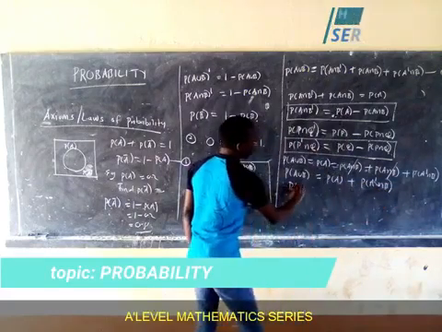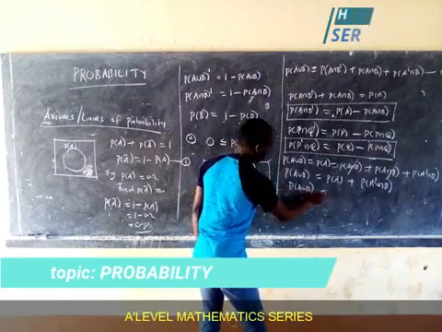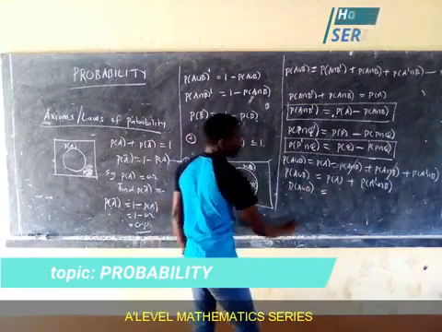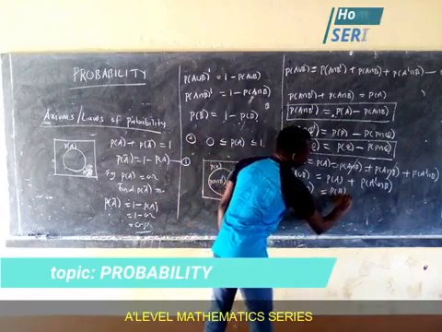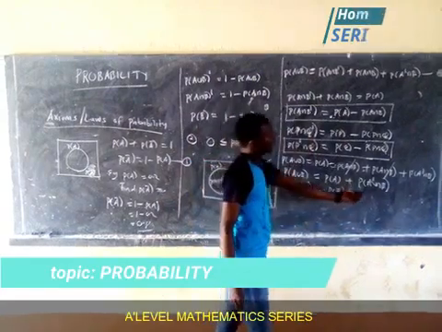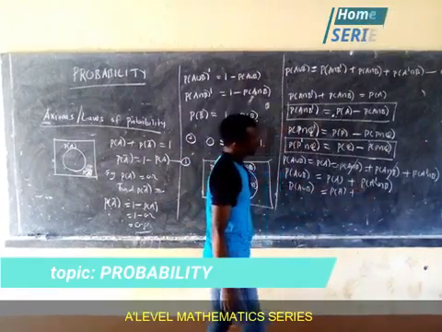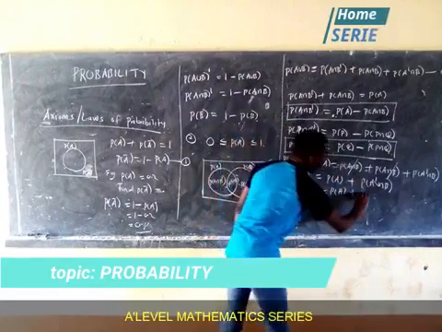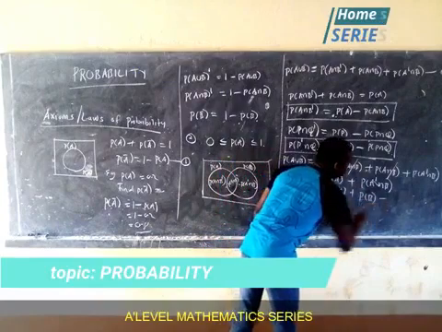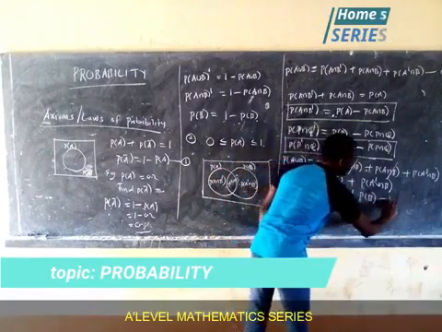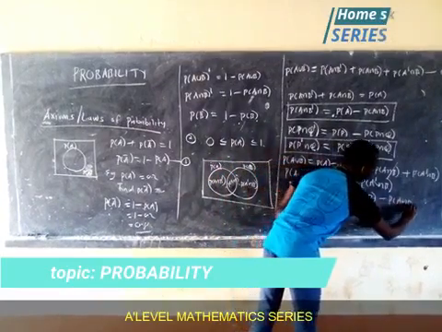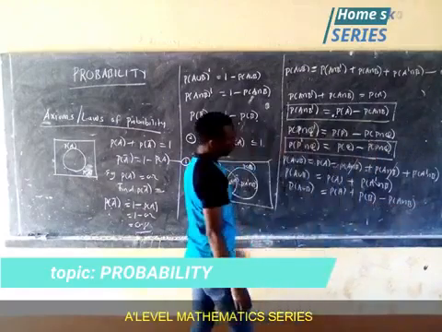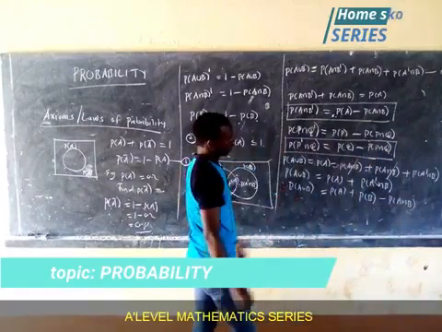The probability of A union B will give us the probability of A plus. Likewise, this one can be simplified. If I apply some technique like this, it will become the probability of B minus the probability of A intersection B. Now this one is called the additive rule.